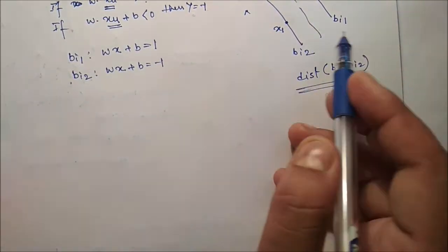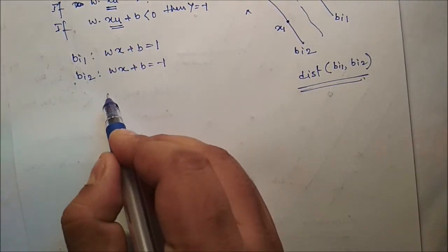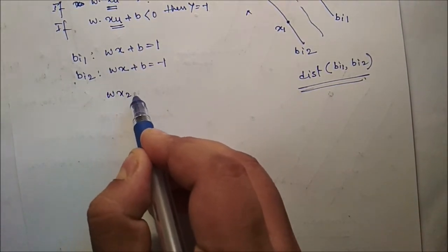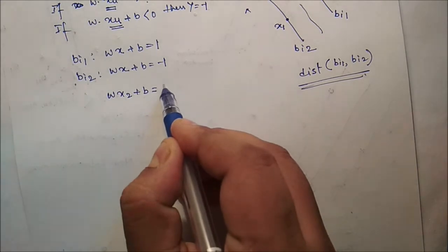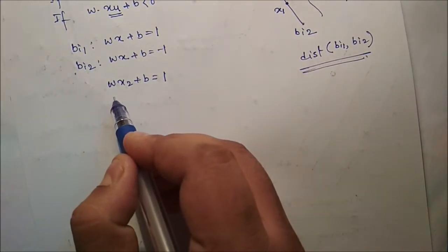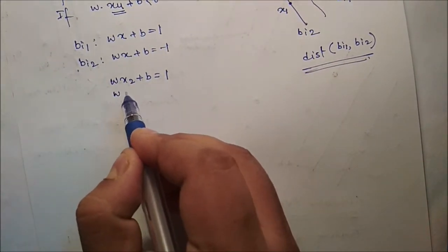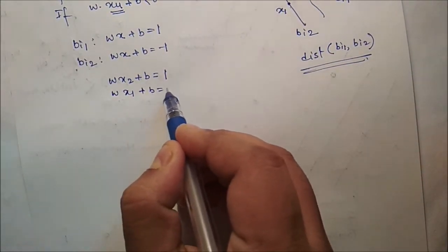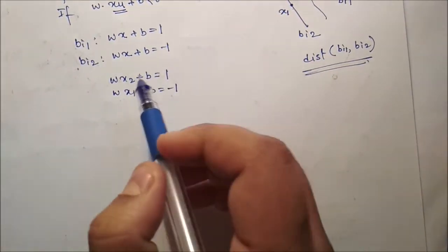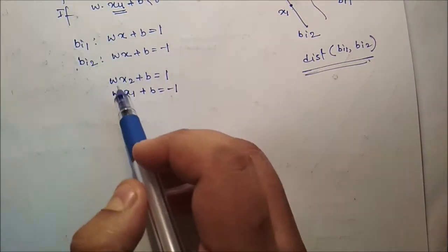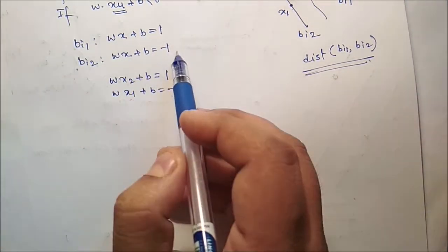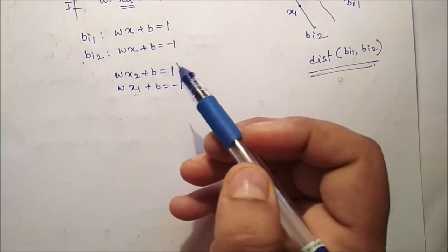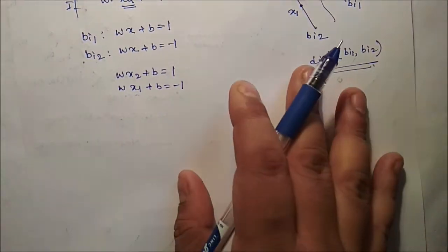For x2 on bi1, w x2 plus b is equal to 1, and for x1 we can write w x1 plus b is equal to -1, because x2 is on the bi1 line and x1 is on the bi2 line.